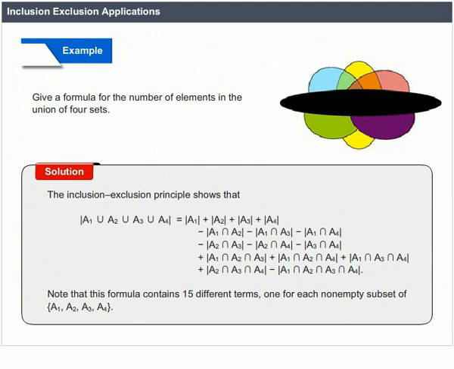Note that this formula contains 15 different terms, one for each non-empty subset of A1, A2, A3, A4.